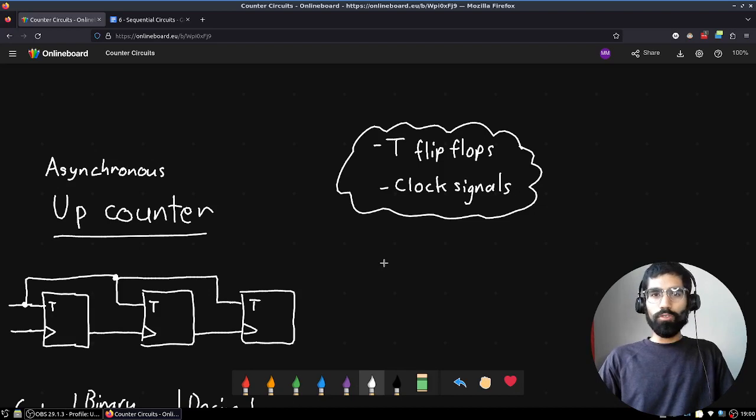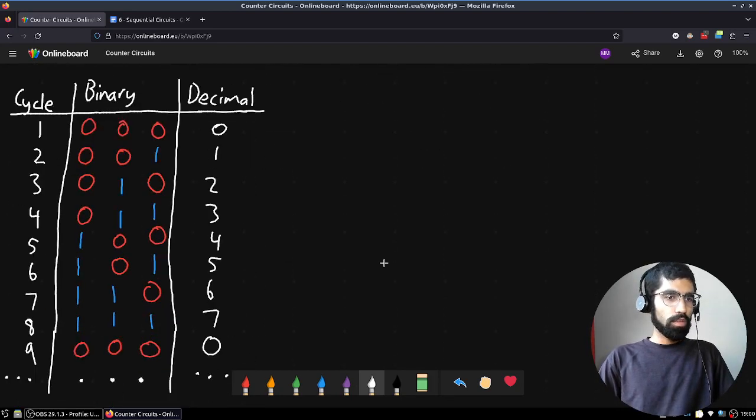We're going to start off by just trying to find patterns when we're counting some numbers up so that we can figure out, okay, how do we put together the right kind of circuit to count up. So I have created this little table where we have these circuits in different cycles.